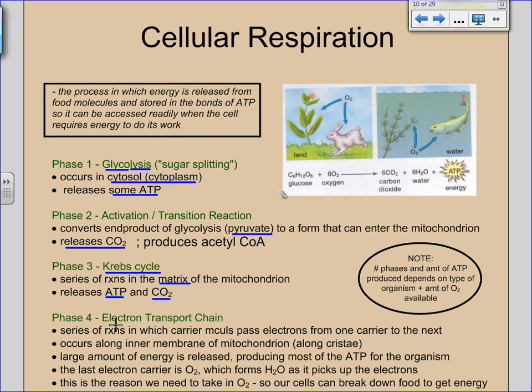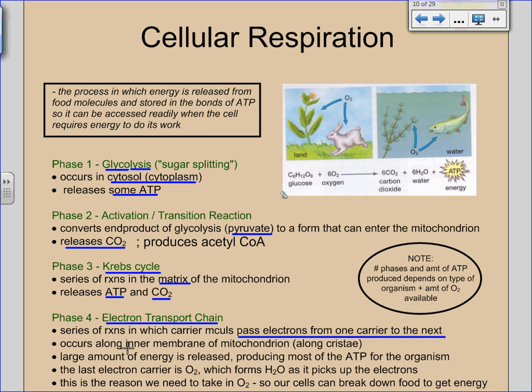Okay. The fourth phase is the electron transport chain. And this is a series of reactions in which carrier molecules pass electrons from one carrier to the next. And as they do so, energy is released.